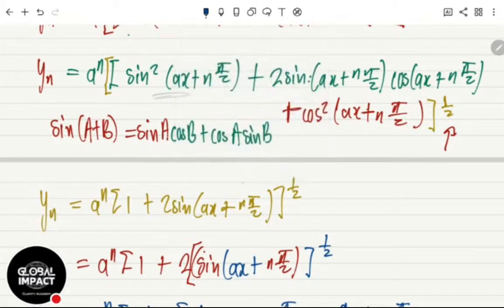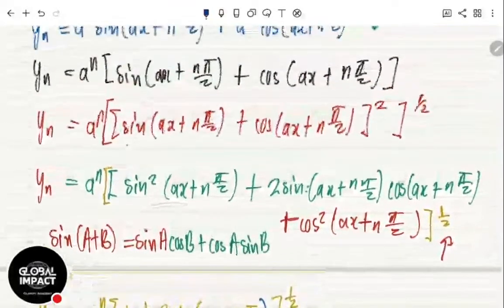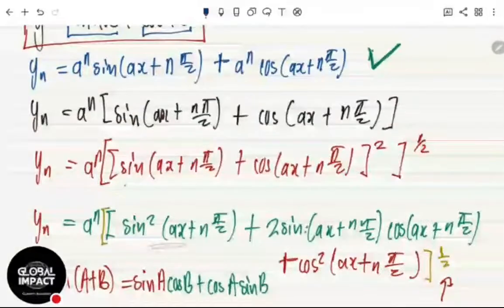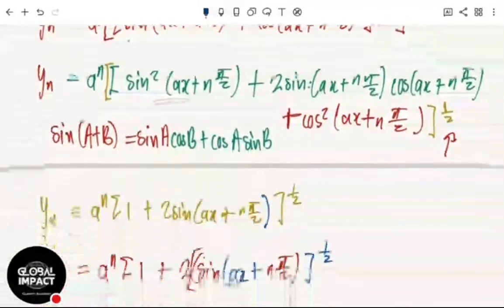I can come inside here. Where did I do the double angle formula for you guys? It was sine ax plus n pi over 2. Let me find it.